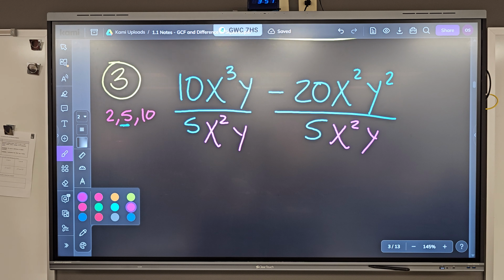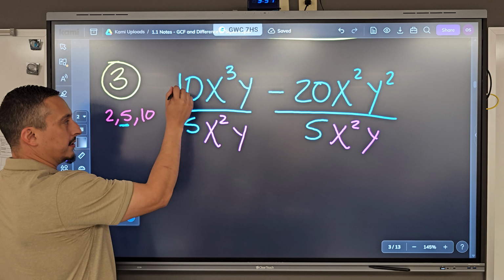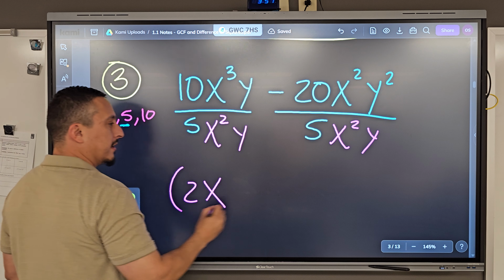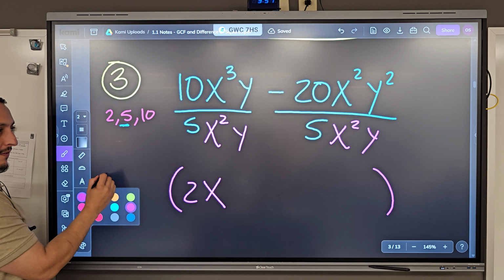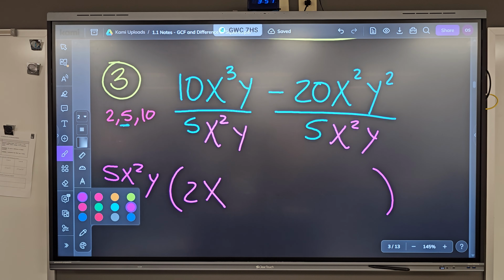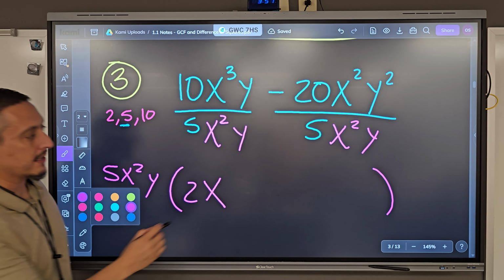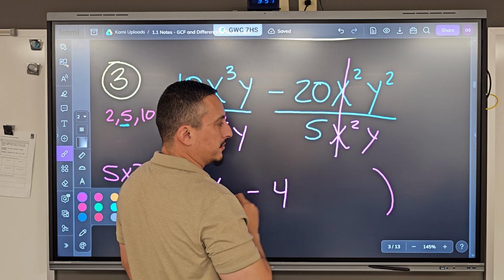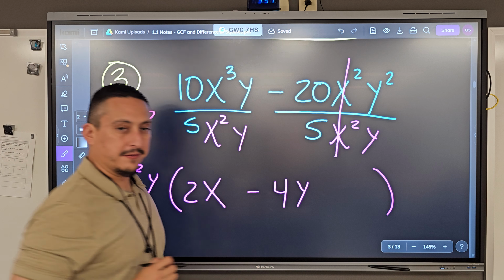Okay. But check out what happens here. So 10 divided by 5 is 2. 1x left. Always put your GCF right here in the front because that's what you're taking out. Okay. No more y's. 4. Cancel, no more of those, and 1y left.